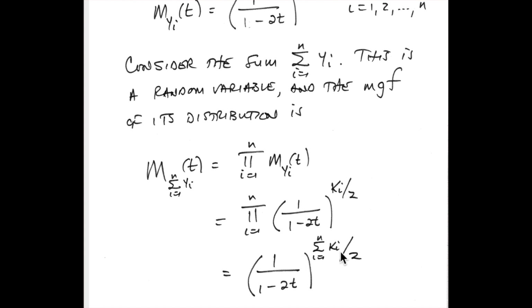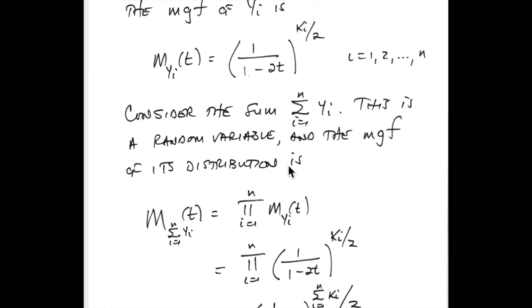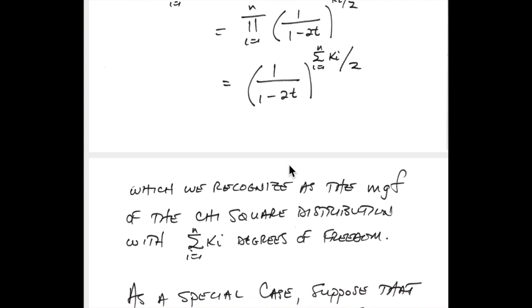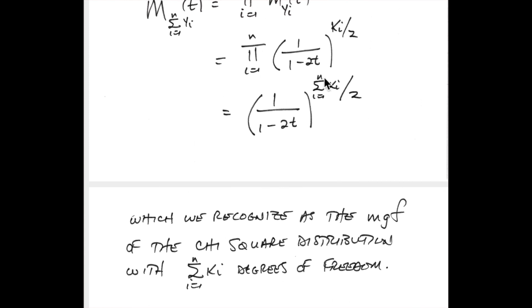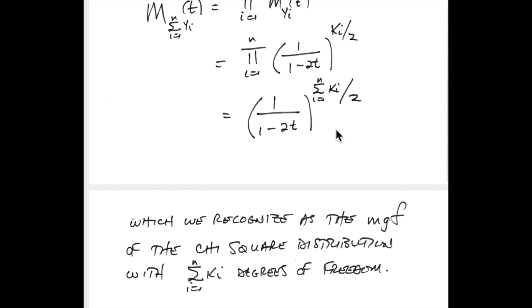Now, the sum of the k sub i's is the sum of the degrees of freedom associated with the individual random variables. And by the way, we recognize this as the moment generating function of a chi-square distribution with degrees of freedom equal to the sum of the degrees of freedom of the individual random variables.